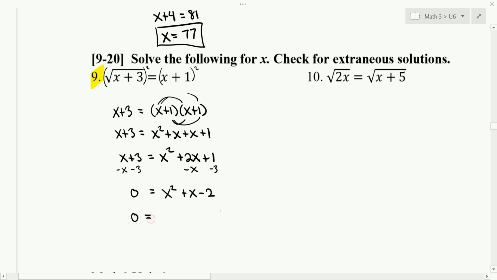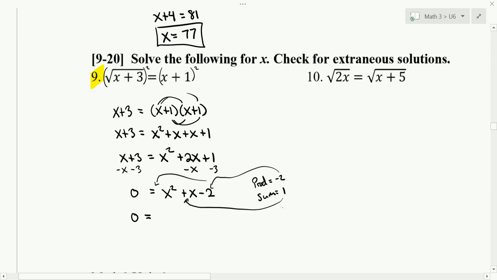So 0 is equal to, we're looking for two numbers whose product is negative 2 and whose sum is 1. The negative 2 comes from the constant here times the leading coefficient, so 1 times negative 2 gives us the negative 2, and the sum comes from the coefficient of x, which is 1.